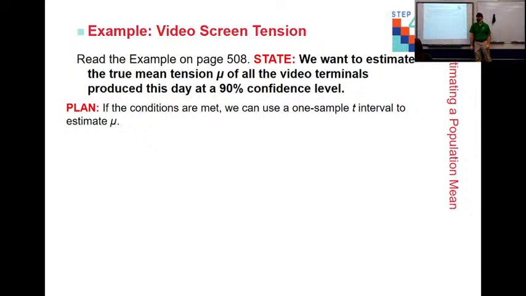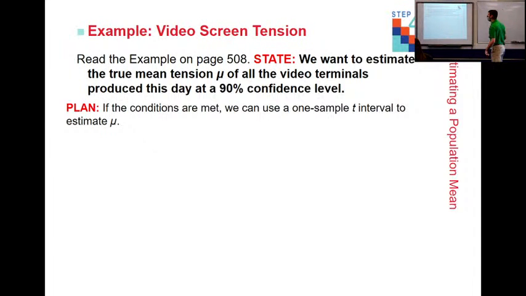Step 1. We want to estimate a 95% confidence interval for the mean tension of all the video terminals. So we used mu because we're saying that we're estimating the population mean, and then we're defining what mu is.